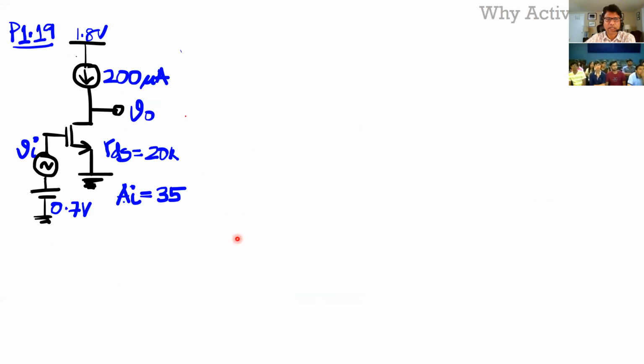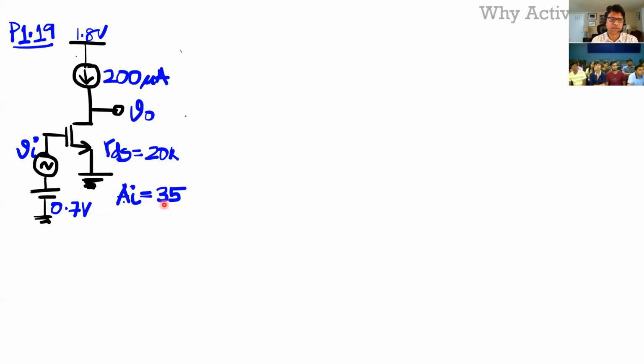Okay, why active load? Taking a simple example here, I think it was one of the problems in the first assignment, 1.19. This is a common source amplifier. You have an ideal current source with 200 microamps, and the output impedance of this we had calculated to be 20K.